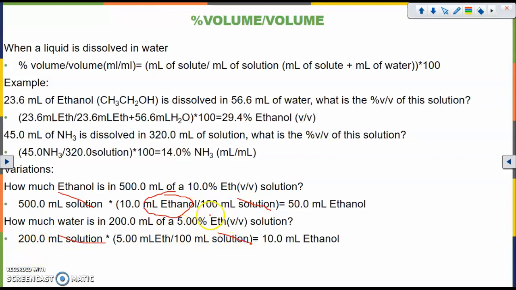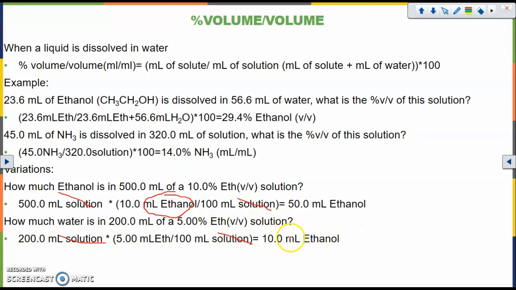Anytime you see percent again, note that it's 5 over 100. And what is the number on the bottom always? Always the mils of solution. Okay, so 5% means that for every 100 mils of solution, there's going to be 5 mils of ethanol. So it should make sense that in 200 mils of solution, you actually have 10 mils of ethanol.